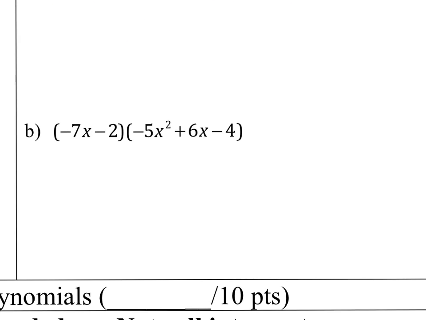Part B is asking me to do some double distribution. I'm going to start with my first piece, so negative 7x times negative 5x squared. Negative 7 times negative 5 is positive 35, and x times x squared is x to the third. Okay, negative 7x times positive 6x is going to be negative 42x squared.